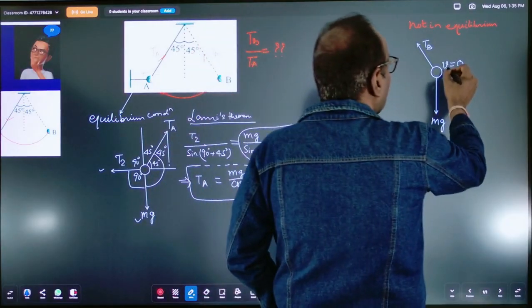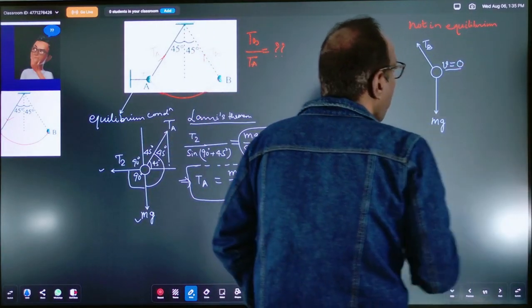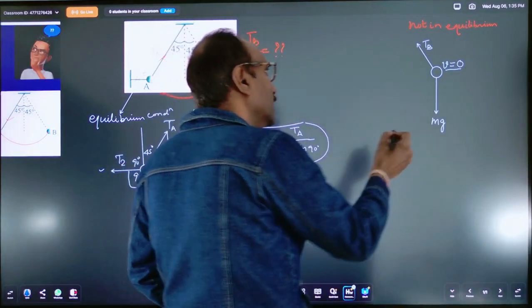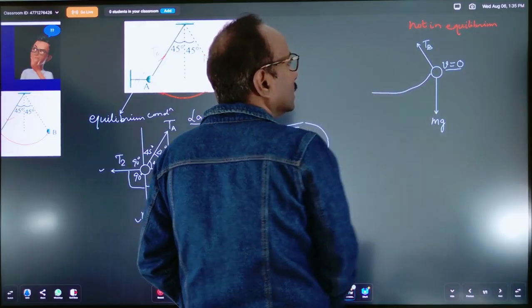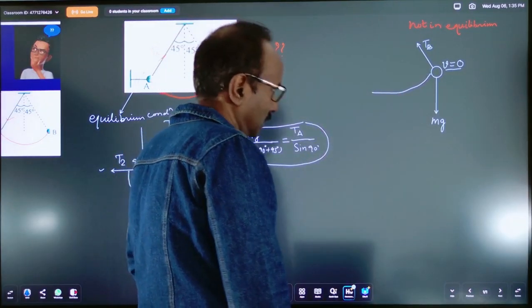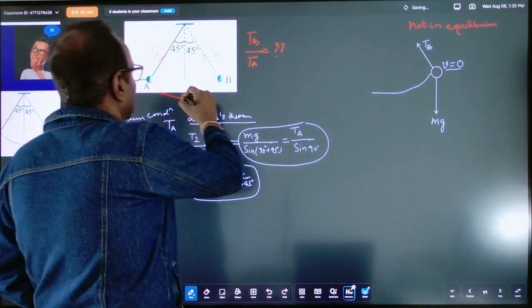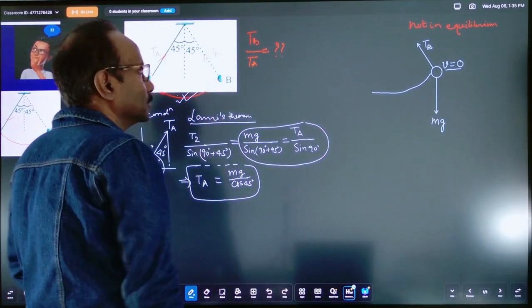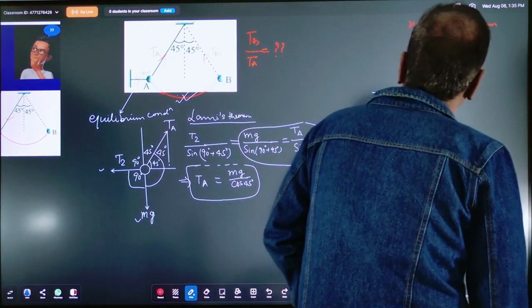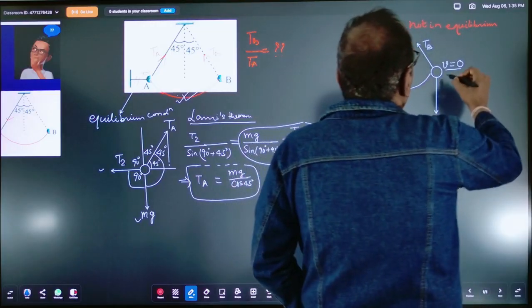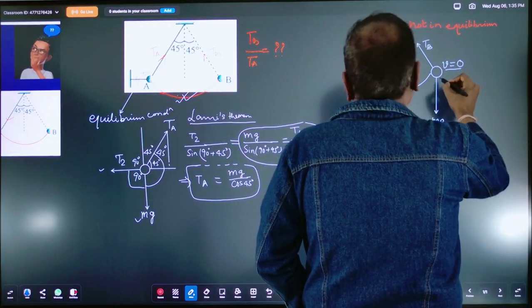But since V has become 0, from here it will start swinging back in the circular arc as per this.